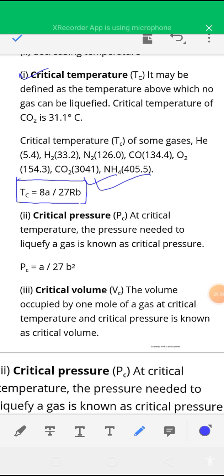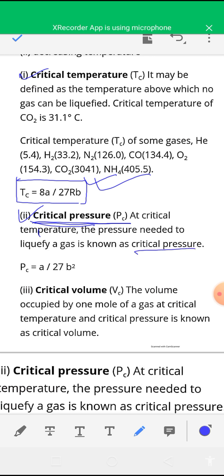Now see critical pressure. Like critical temperature, critical pressure is denoted by Pc. At critical temperature, the pressure needed to liquefy a gas is known as critical pressure.